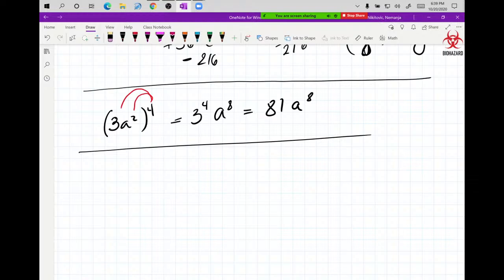Problem 48 says -3 r to the 4 t cubed, everything squared. That's problem 48.